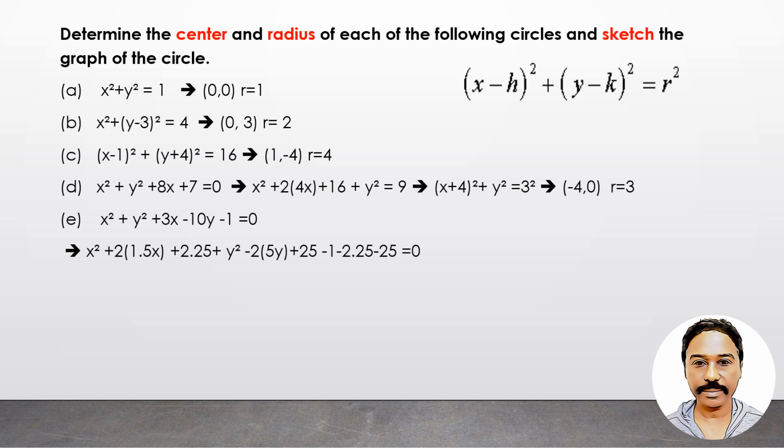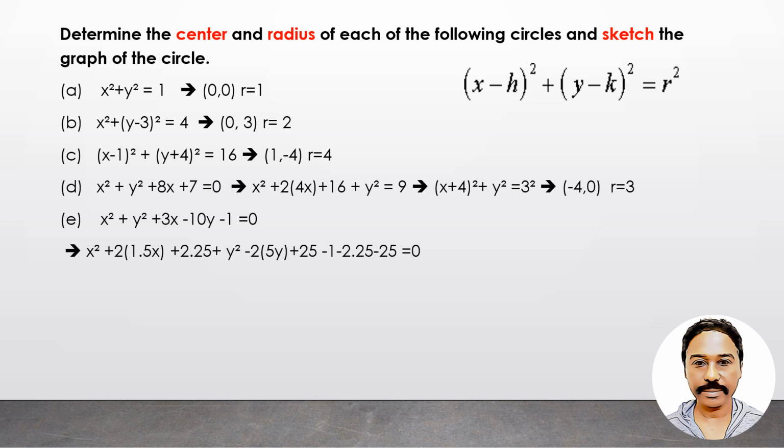It's exactly the same. So for these two, the x squared and 2 times 1.5x, we have to add 2.25, which is 1.5 squared. And also we have to add 25 here, which is 5 squared. But if I add a value, I have to subtract it, so plus 2.25 minus 2.25, plus 25 minus 25.